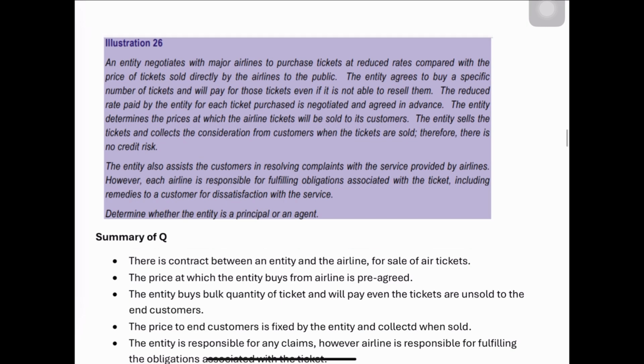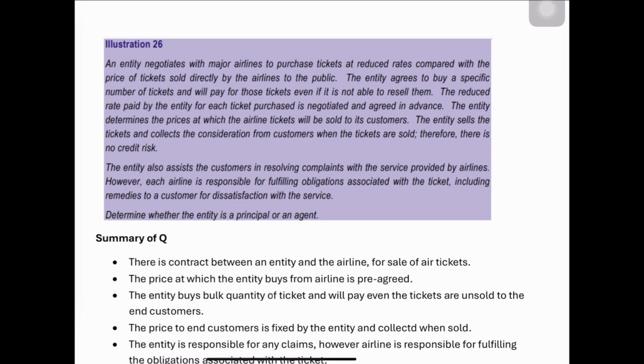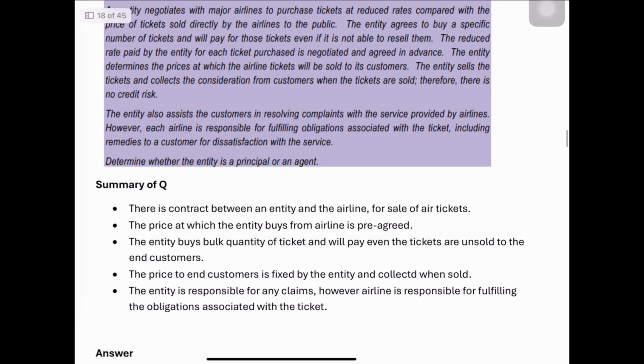Okay, then please read the next illustration 26. Here there is a contract between an entity and the airline for the sale of air tickets. The price at which the entity buys from the airline is pre-agreed, and the entity buys a bulk quantity of tickets and will pay even if the tickets are unsold to the customer.